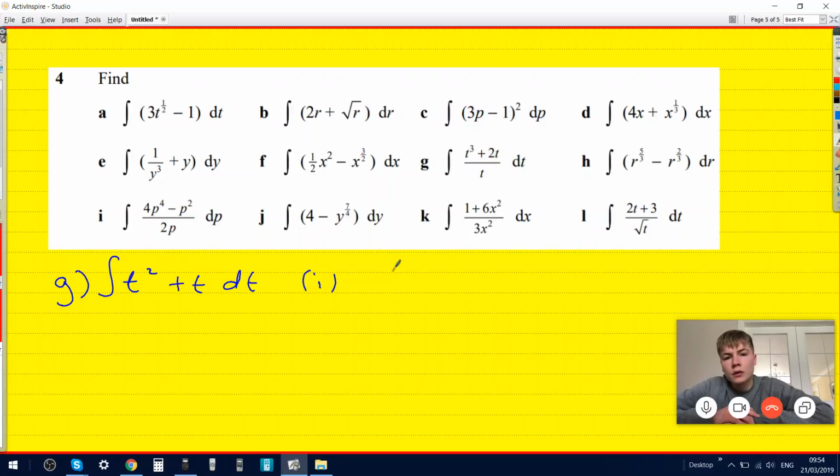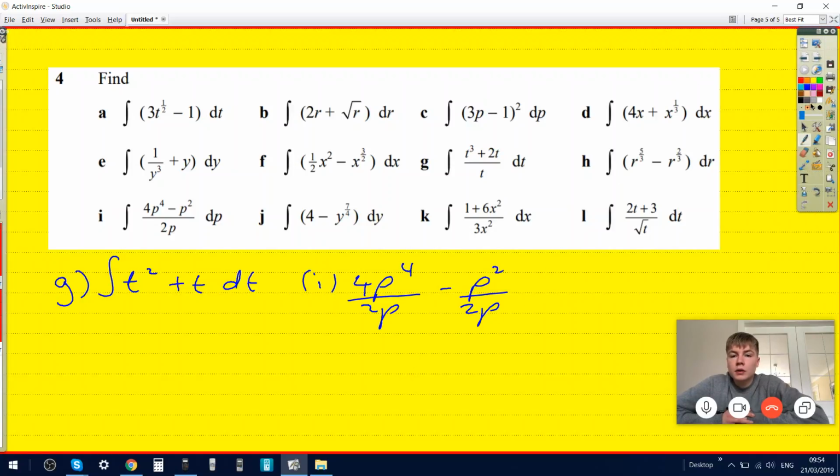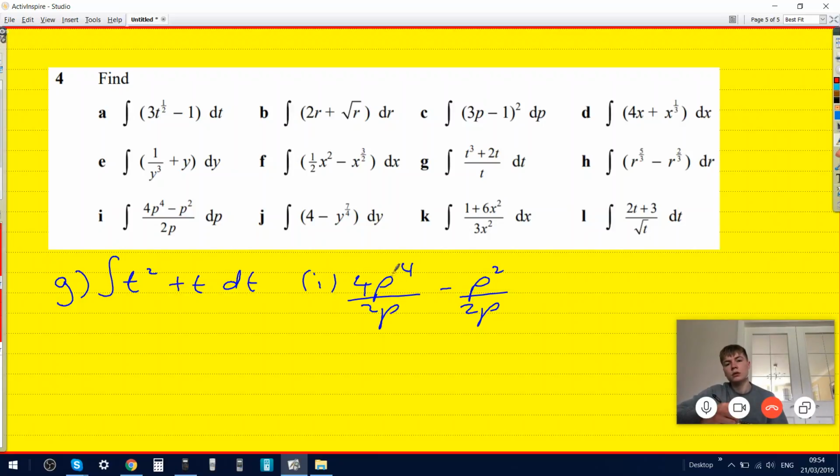So you would bring the 2p up, or another way to think of it would be 4p to the 4 over 2p minus p squared over 2p. So what is that same as? That's the same as 2p squared over 2p. No, it's just 2p squared. So simplify this fraction.